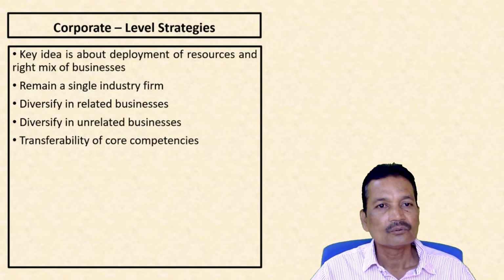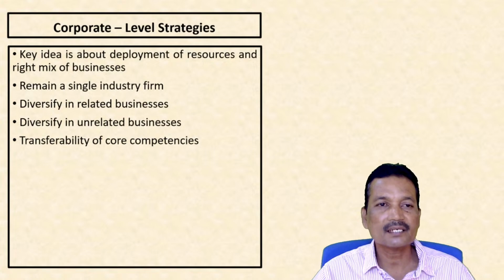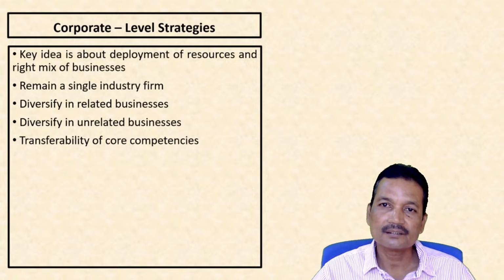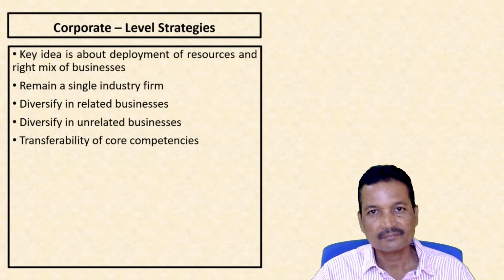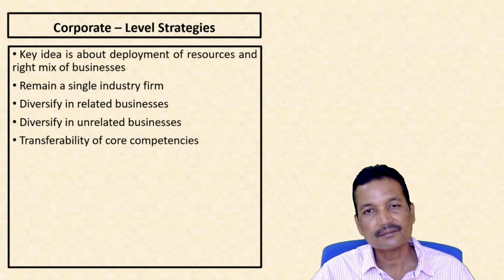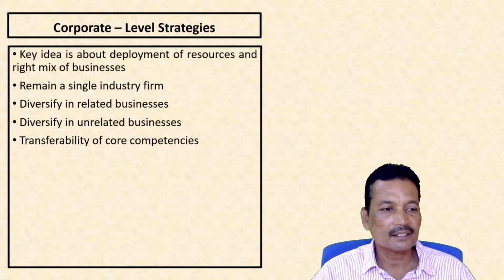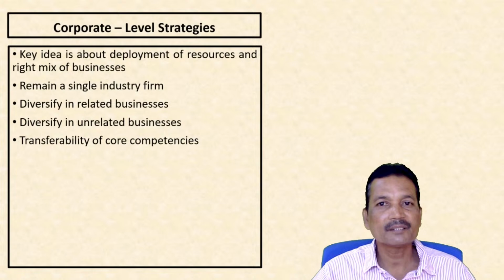Now, what are the strategies that are taken at various levels? When I talk about various levels of organization, we talk about the corporate level, or as we shall see just now, the business units. Corporate level looks at the overall organization. That means if an organization has a number of businesses, the corporate level is at the top, and each business division is called a business unit.